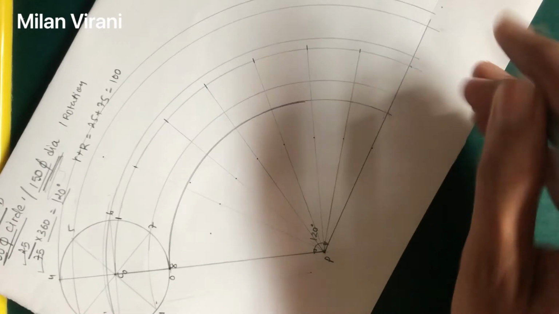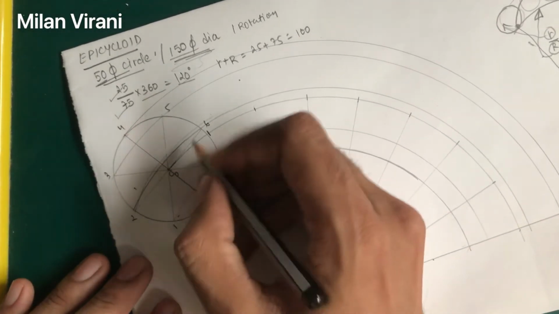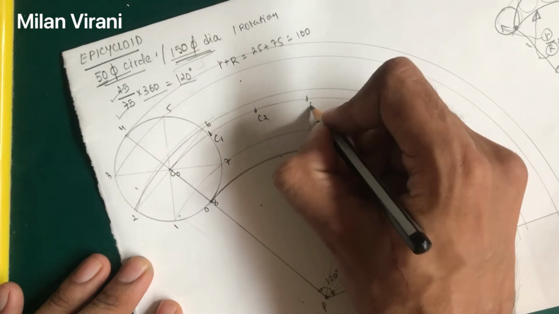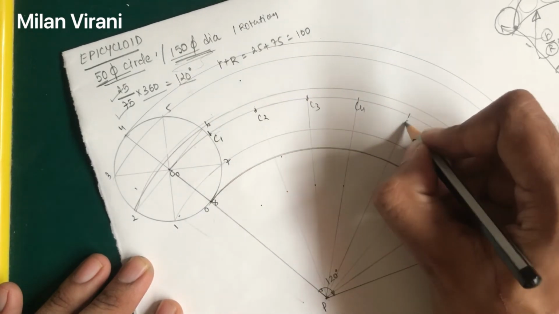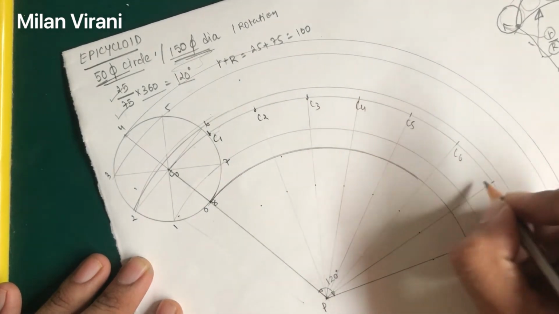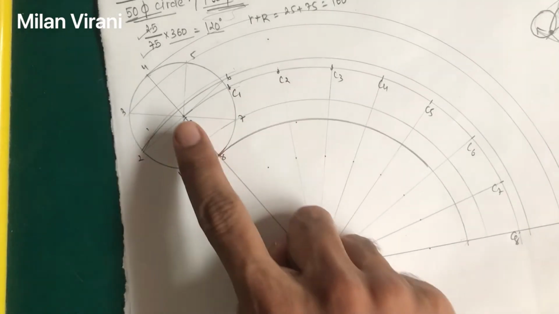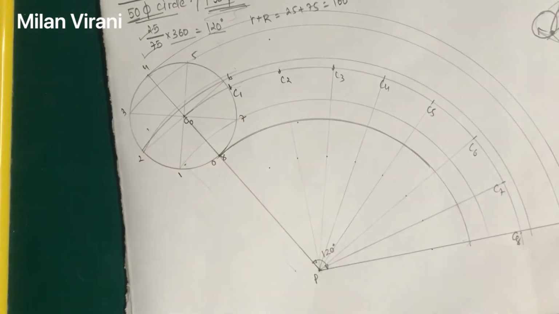And finally this one is the last one. So C0, then the next centers are C1, C2, C3, C4, 5, 6, 7 and here is the 8th. It is on the center line, C0 to C8.